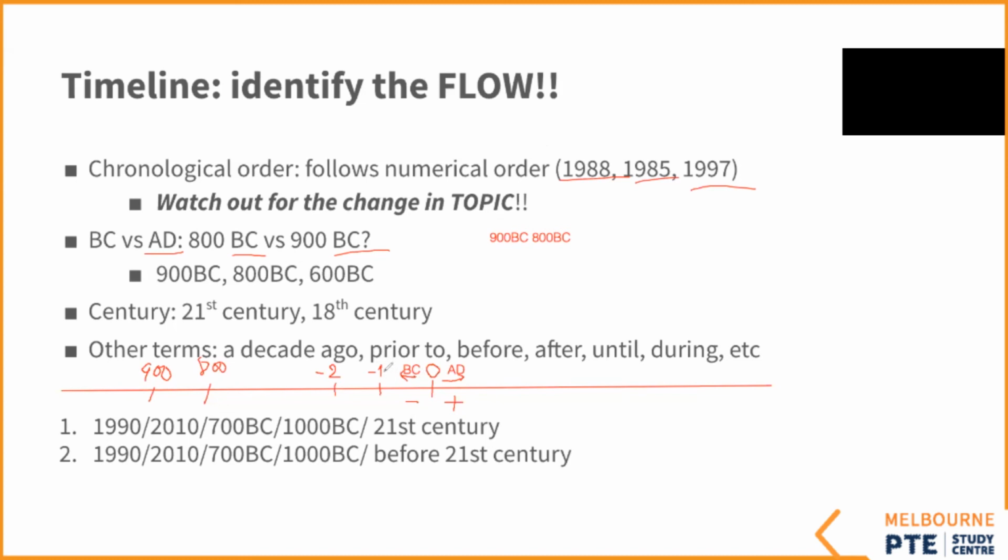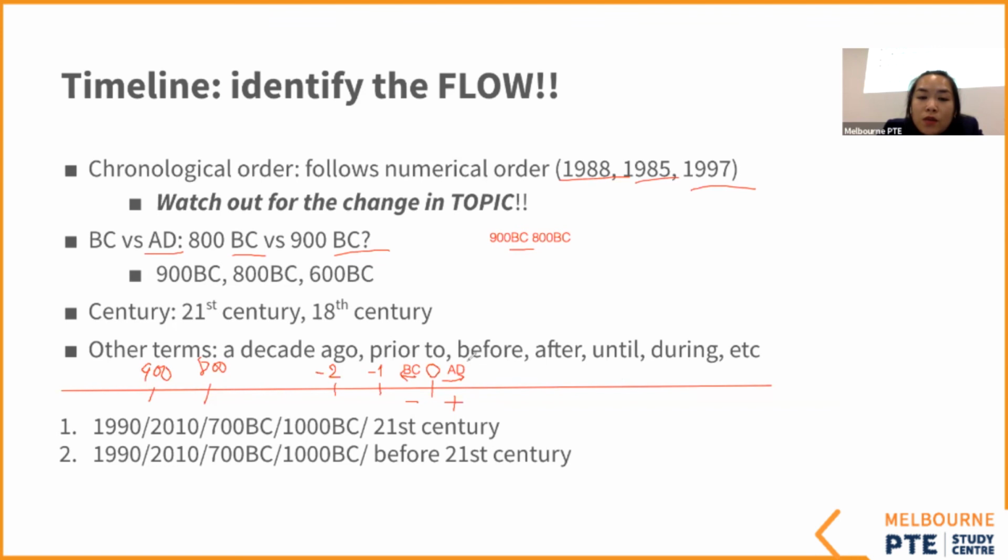Yeah. So -1 is closer to 0, right? So that is how it works for BC. Exactly the same, like a minus, okay? So 900 BC like a -900 and 800 BC like a -800. So when you put in the timeline like this, you know exactly which one comes first, okay?